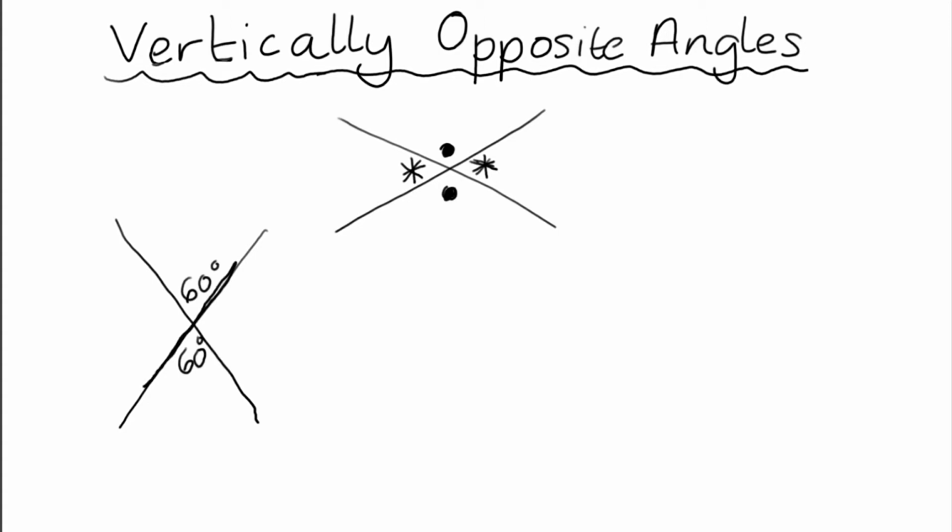Straight lines have to add up to 180 degrees, so therefore this angle would have to be 120 degrees because 120 plus 60 makes 180 degrees. And then the angle vertically opposite that would be over here, so that would also be 120 degrees. If you add up all 4 of those angles, you will get 360 degrees because angles around a point in a full circle always make 360 degrees.